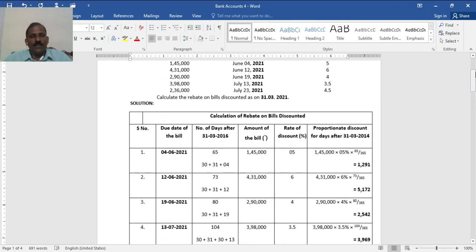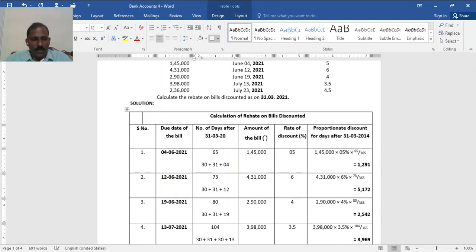In this sort of problem we follow this: calculation of rebate on bills discounted, serial number of the bill, due date of the bill, number of days after the due date, amount of the bill, then rate of discount and proportionate discount for the days.